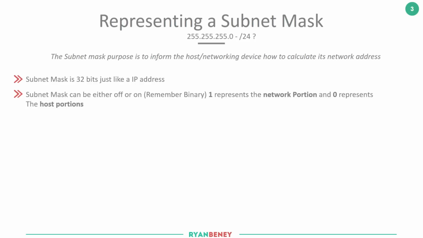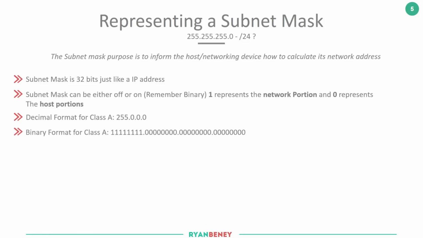Now if we take, for example, our decimal format of a class A, which we know was 255.0.0.0, we know that the 255 element is the network portion and the 3 zeros are the host portion. So why is 255 the network portion and the zeros are the host portion? That doesn't become clear until we look at it in binary.